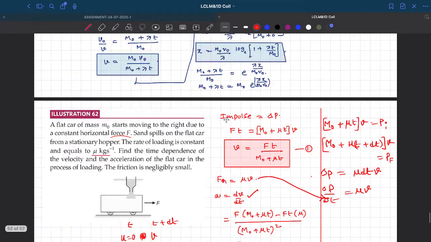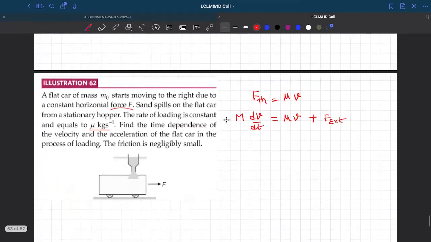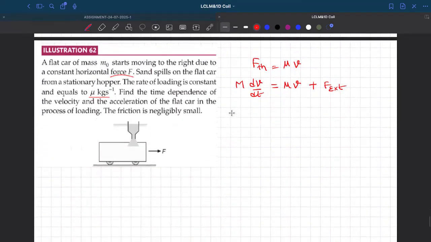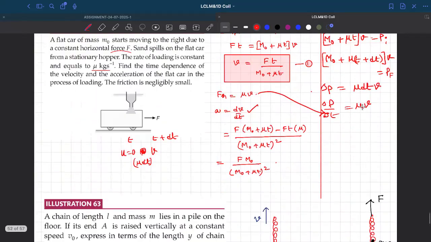So therefore, m naught plus mu t times dv by dt is equal to mu v plus F. That is the external force, if I am not mistaken. Correct or not?